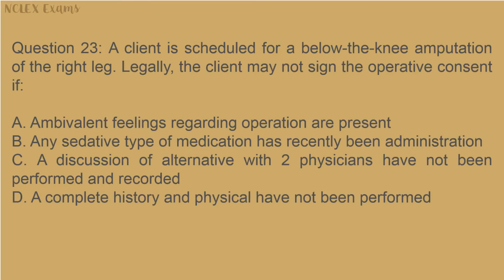Question 23. A client is scheduled for a below-the-knee amputation of the right leg. Legally, the client may not sign the operative consent if A. Ambivalent feelings regarding operation are present, B. Any sedative type of medication has recently been administered, C. A discussion of alternatives with two physicians has not been performed and recorded, D. A complete history and physical have not been performed.